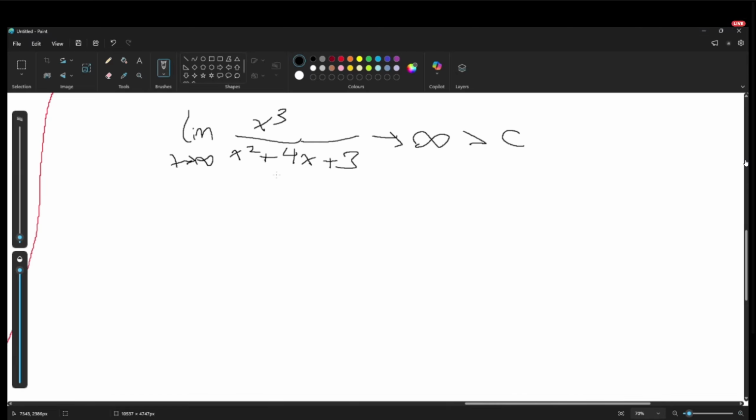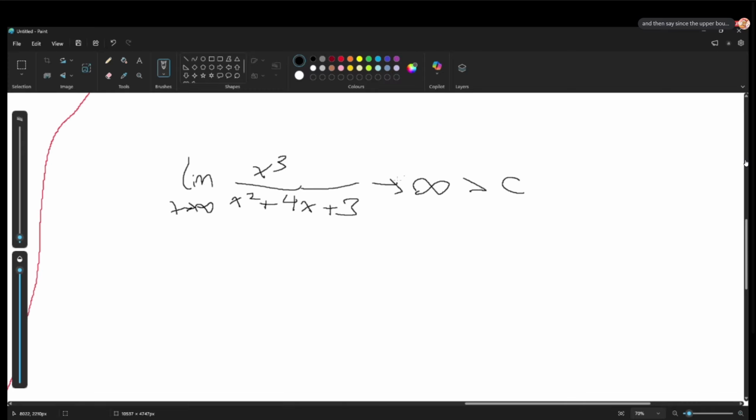If you guys know that you can just use limits, then go for it. Just make sure that you use the limit rules properly. For instance, for the thing that they sent in chat, you can definitely divide both sides by x squared and then let x run to infinity.